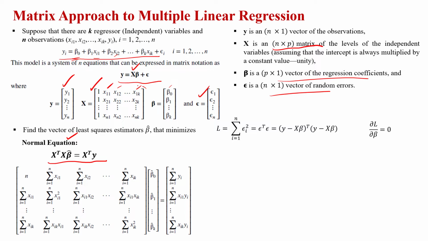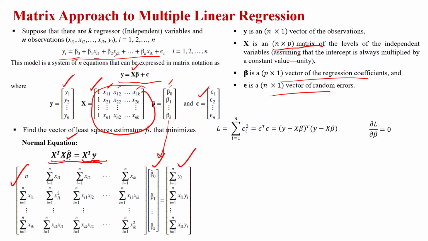If I take the transpose of this matrix and multiply it by itself, I will get this value, and that is equal to x transpose into y. So by multiplying x transpose into x, I will get this matrix. Then this is basically the betas, which we want to estimate, and this is equal to this one.